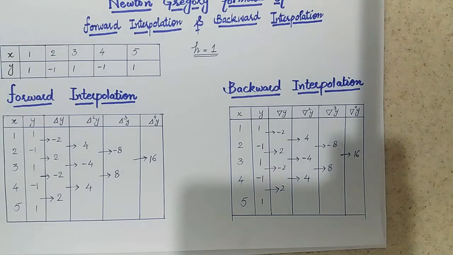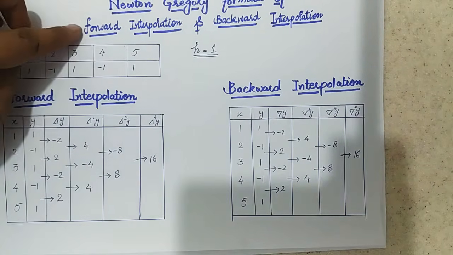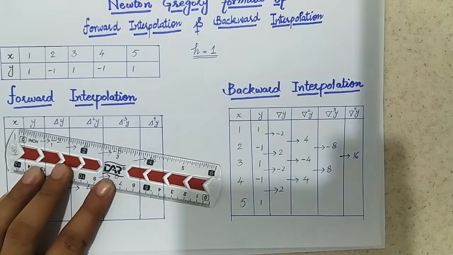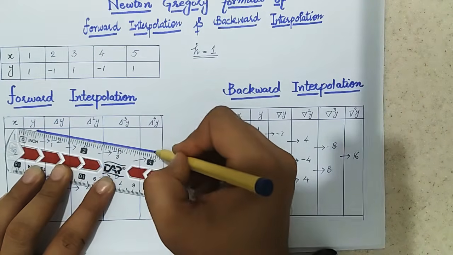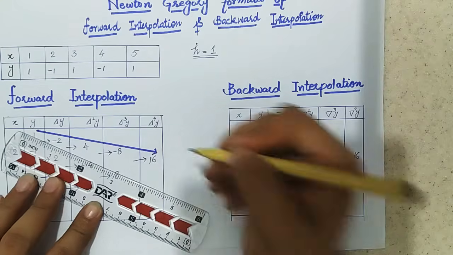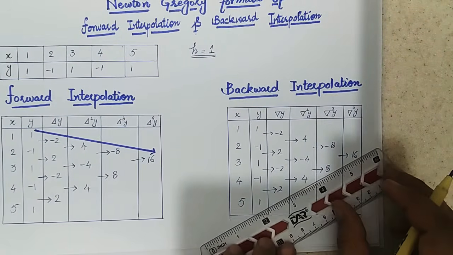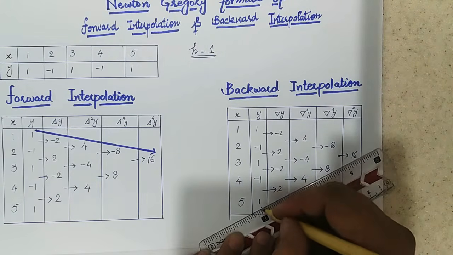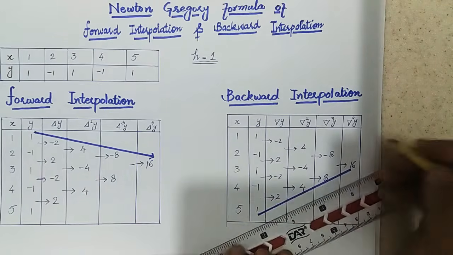When we use the Newton-Gregory formula for forward interpolation, we take the value of y naught from the upper diagonal to the endpoint, and when we use the backward formula, we start from the lower value to that point.